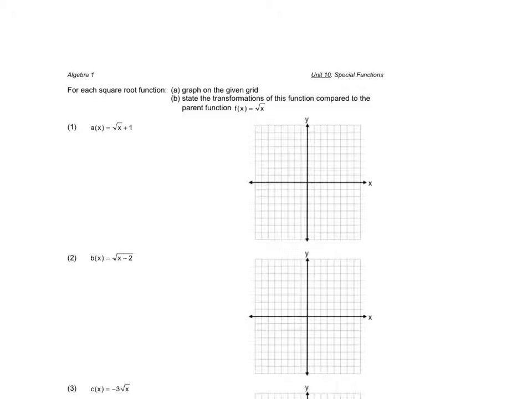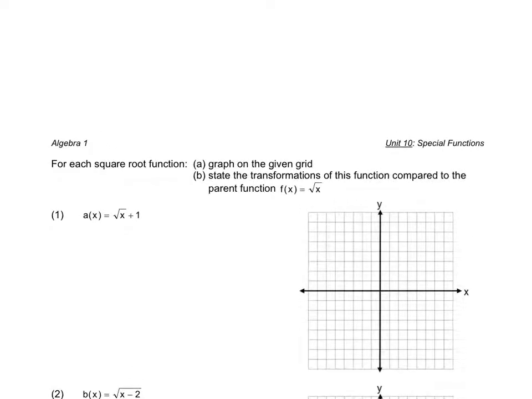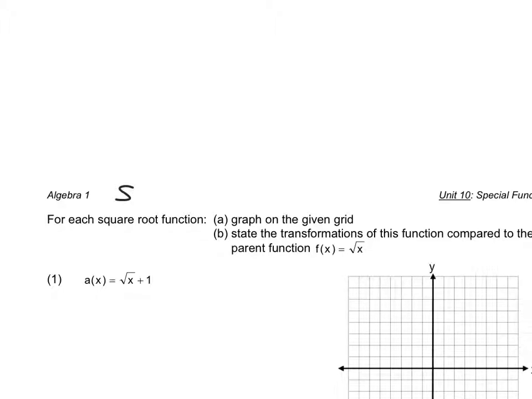And if you go back to the idea that we've been kind of revisiting throughout the course, you have a standard form. y equals a times the square root of x minus h plus k.